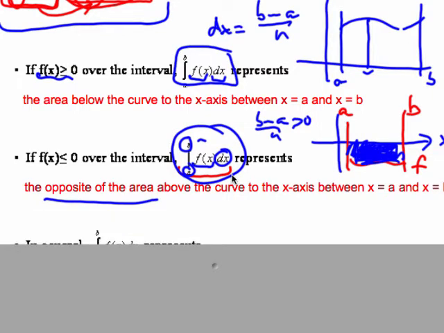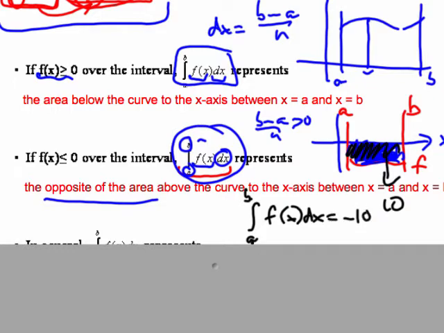Just to make that clear, if we happen to know that this area was, let's say, 10 units squared, then the definite integral between a and b, from left to right, of f of x dx is negative 10. It's the opposite of the area above the curve.